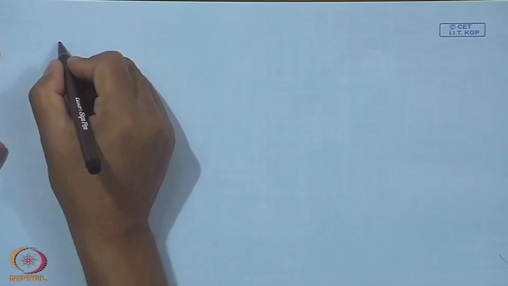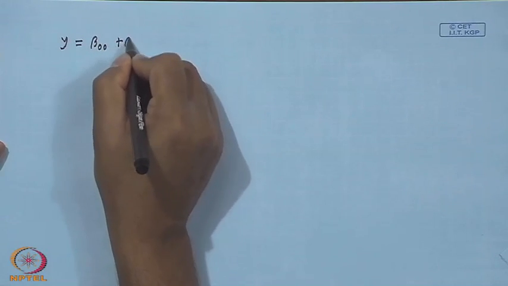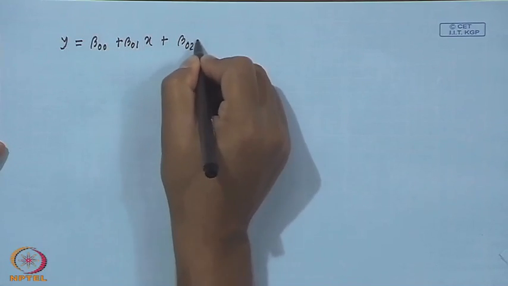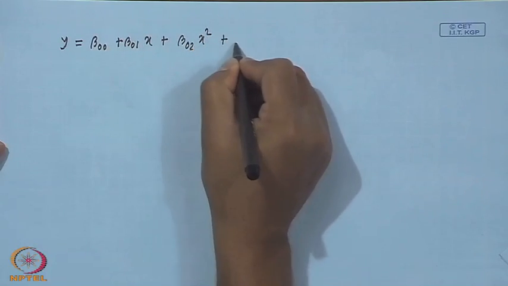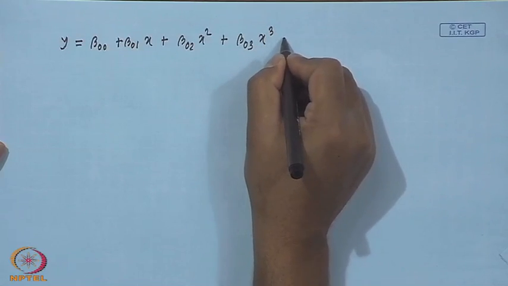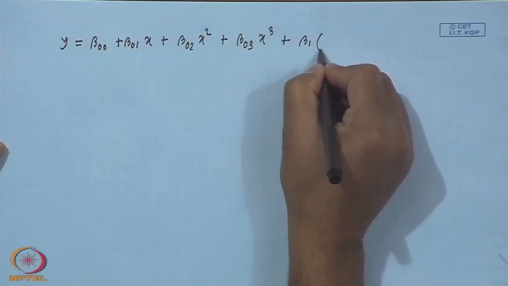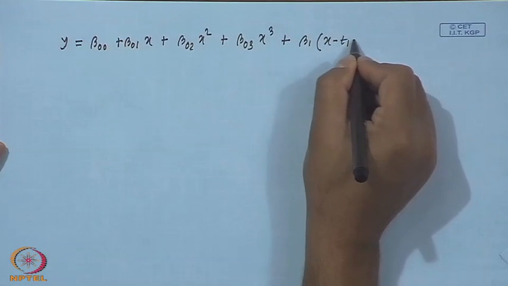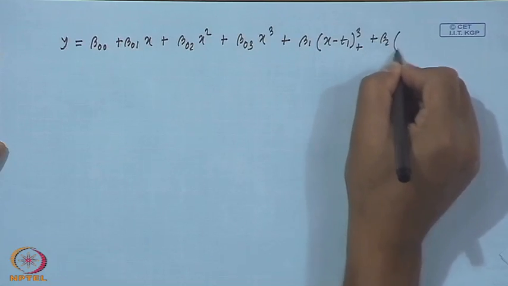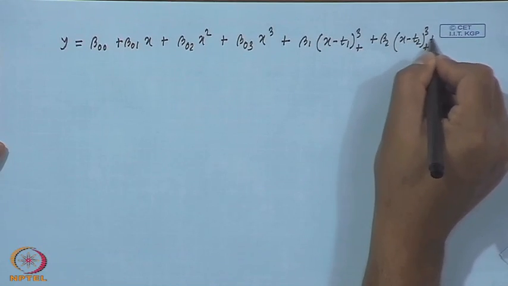Okay. So, the model is y equal to beta naught naught plus beta naught 1 x plus beta naught 2 x square plus beta naught 3 x cube plus beta 1 (x minus t 1)^3 plus plus beta 2 (x minus t 2)^3 plus plus epsilon.